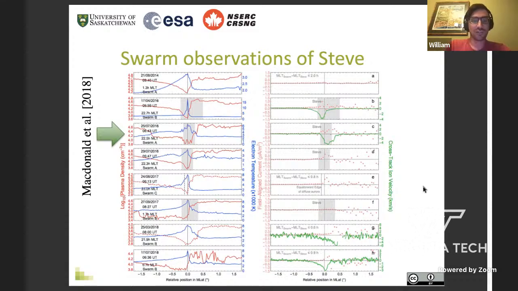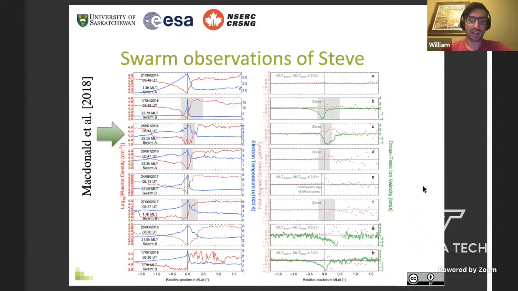Especially if you look at the plasma density and electron temperature, you see a very consistent ionospheric picture across these events. Unfortunately, only 4 of them had plasma flows associated with them. This big arrow on the screen is pointing to the event that the McDonald et al. 2018 paper was written about, but all of this shows a pretty consistent picture.